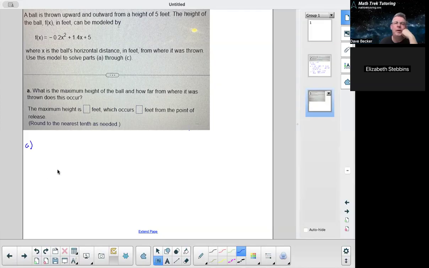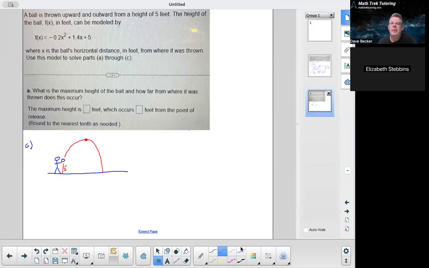Maybe we think of some loser throwing a ball in the air. So we know that this is 5 feet, and the path of the ball would be something like that. And so the max is going to be at the vertex.